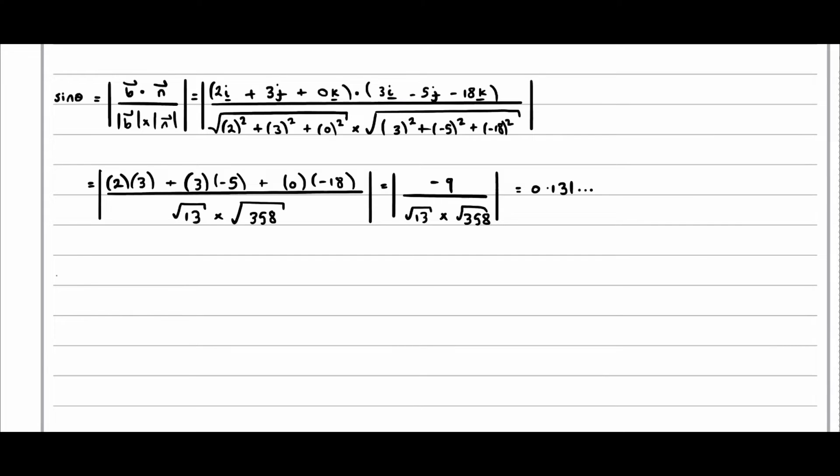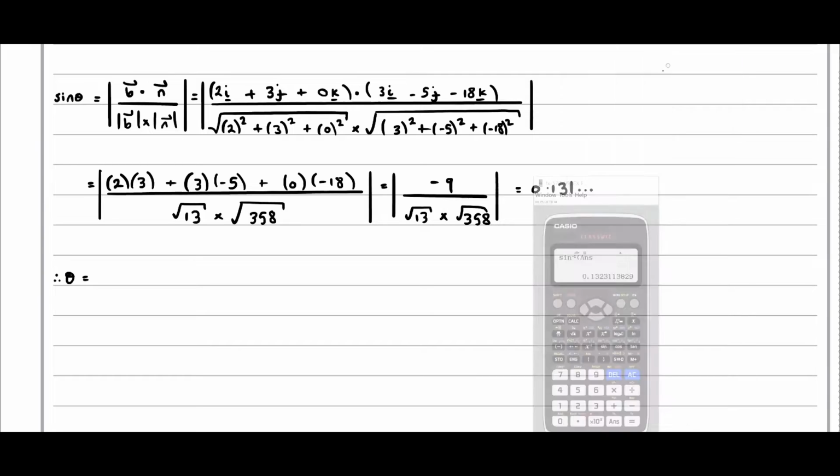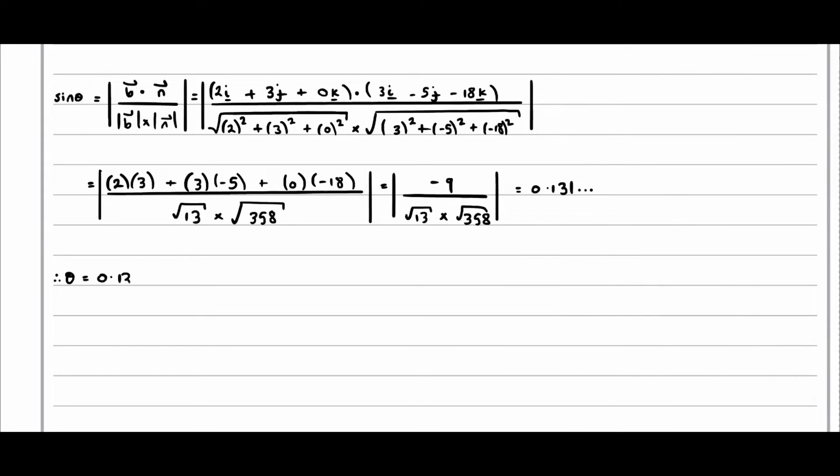And therefore, the acute angle theta is equal to the inverse sine of this, which is 0.13 radians. Of course, you can leave your answer in degrees. If you were to leave your answer in degrees, you'd get 7.58 degrees.